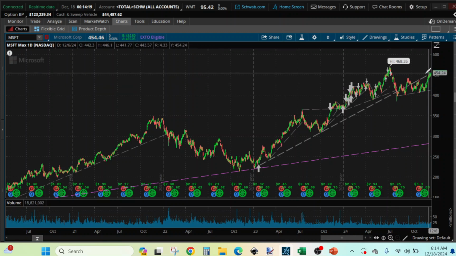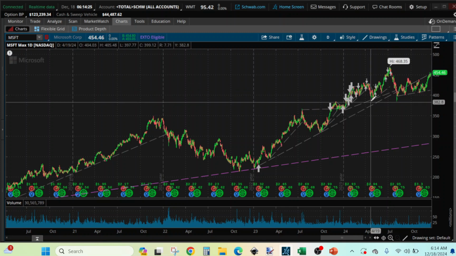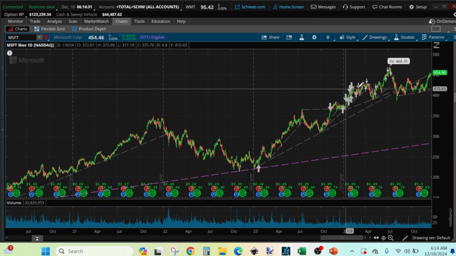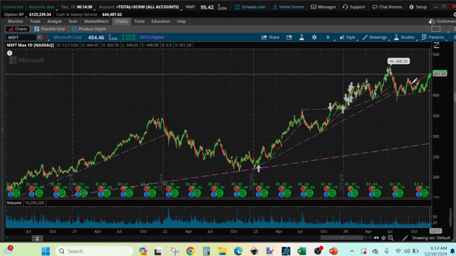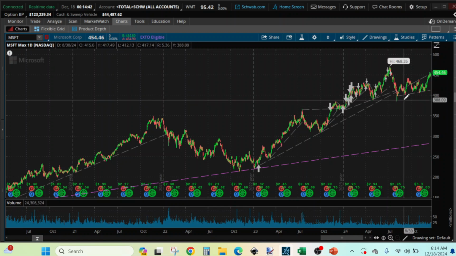And I don't know if there is a zone there that it is working with, or if you see those resistance lines here, if it's just struggling to go past them. But yeah, clearly it's not respecting its own trend line.